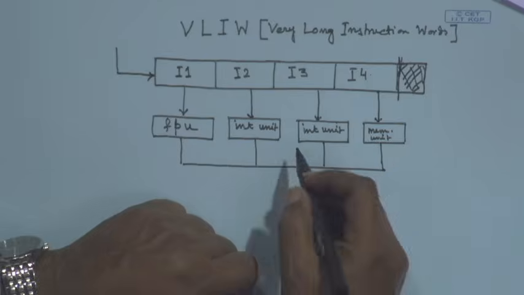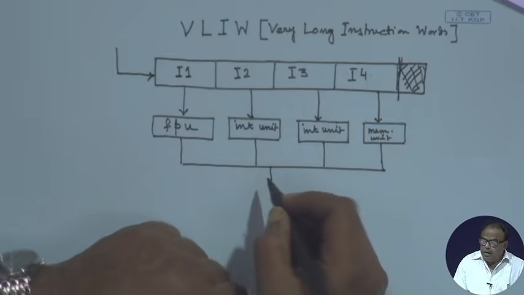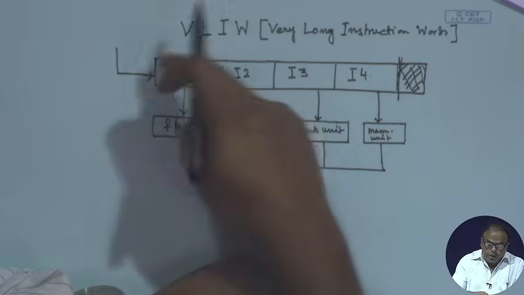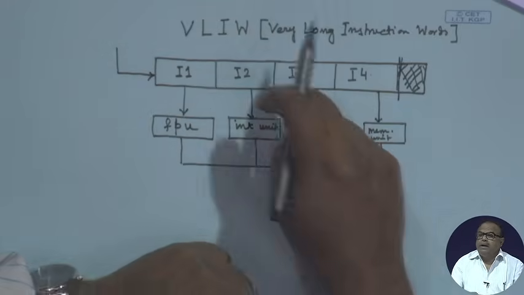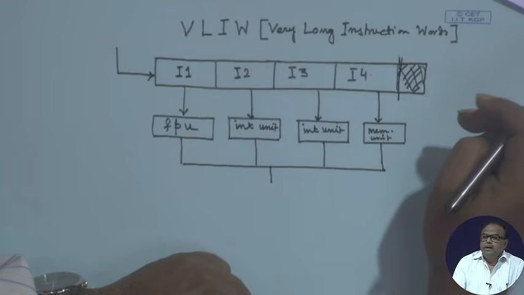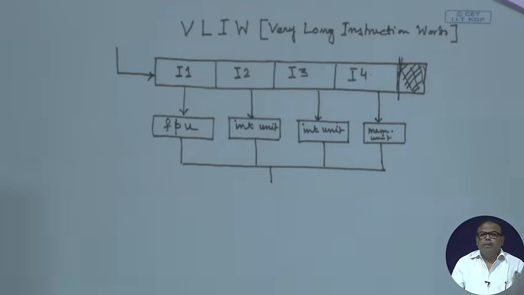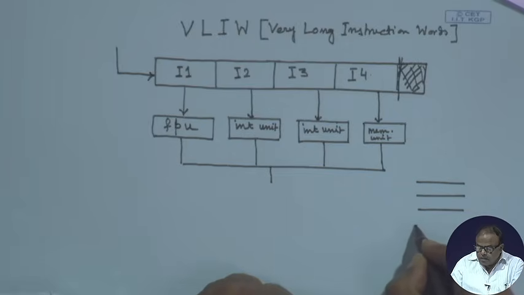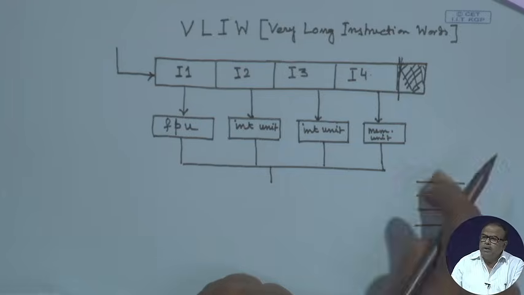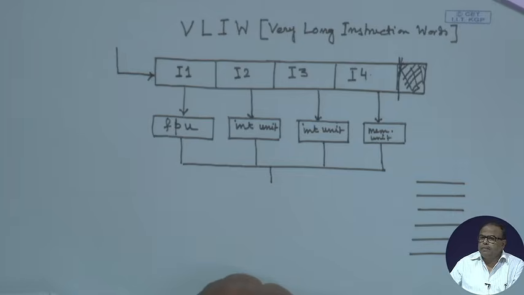Now, how do we find out? Say I am putting 4 such independent instructions and clubbing them together. When I have written a program like this, with 4 or 5 or 6 instructions, how do you know which of these can run independently?